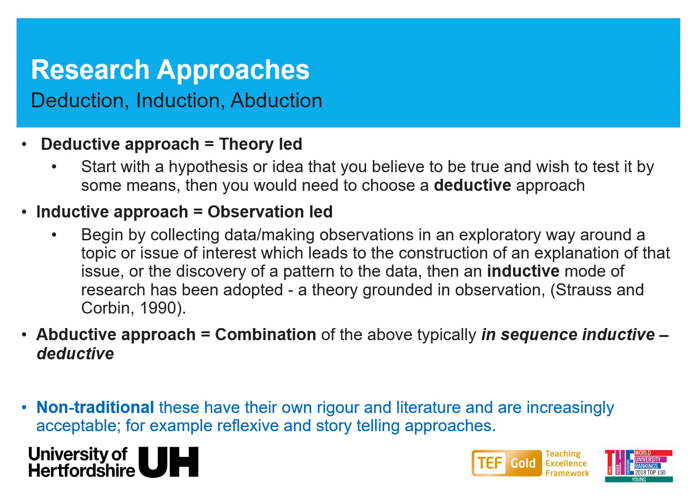Usually abductive research starts with the inductive approach and then finishes with the deductive approach, instead of the other way around. And actually there's a fourth approach called the non-traditional approach, which may be different from the inductive, deductive or abductive. It could be a storytelling type of research or a reflective type of research, which is very rare in business management research.